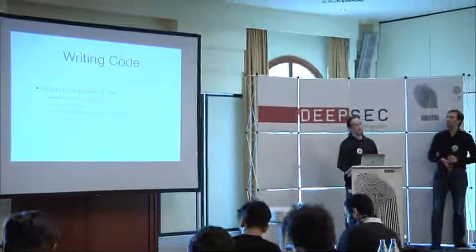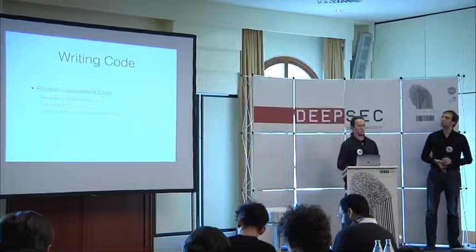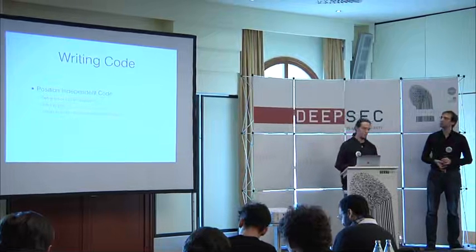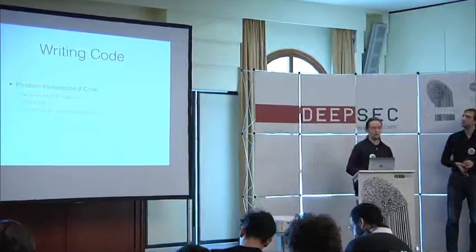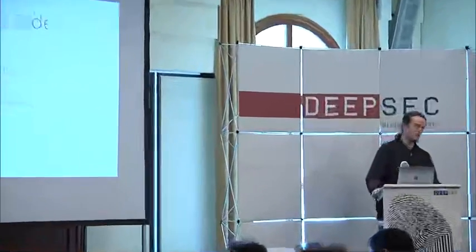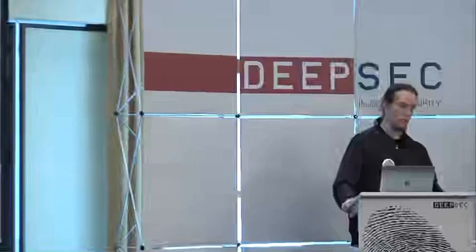Now, taking into account that the system management RAM really changes depending on the system where it's located, we thought it would be most useful to write the whole rootkit in position-independent code. That's actually not much of an issue because the code segment gets set to the start of SMRAM.